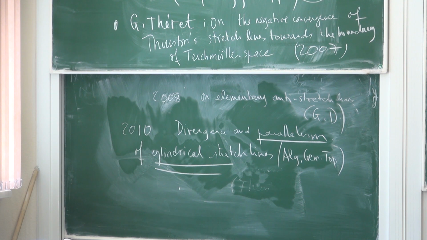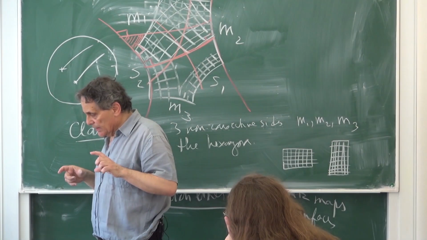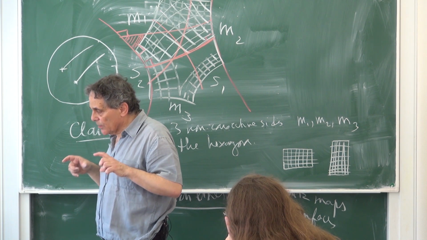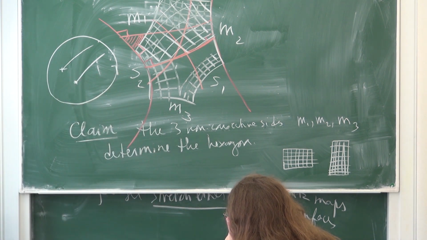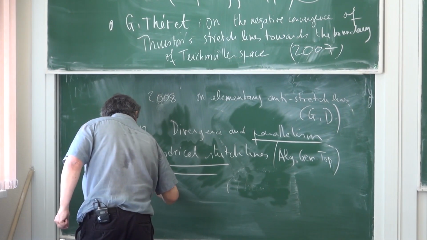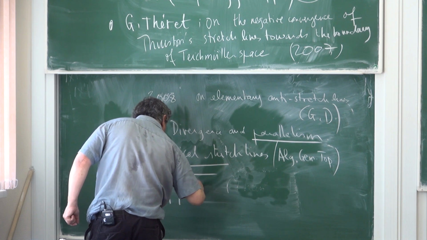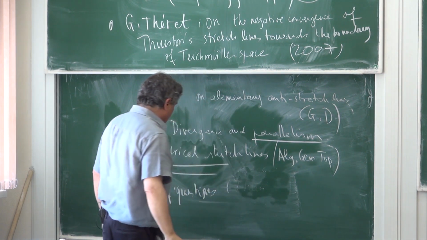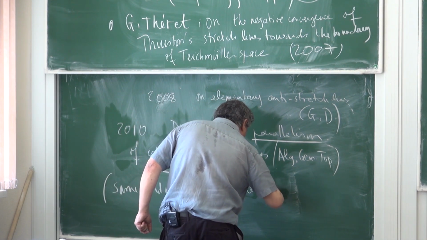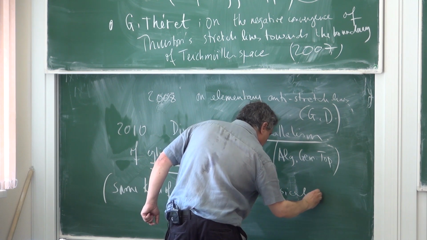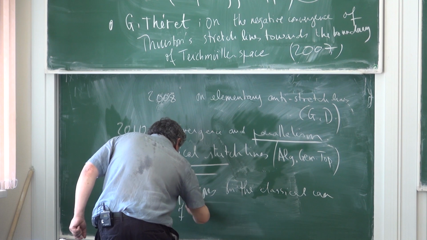In fact, the surface is decomposed into a certain number of cylinders foliated by circles, and these same kinds of questions are studied in the more classical case of the Teichmüller metric.